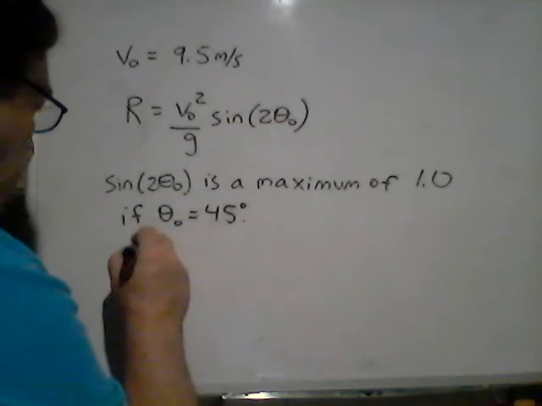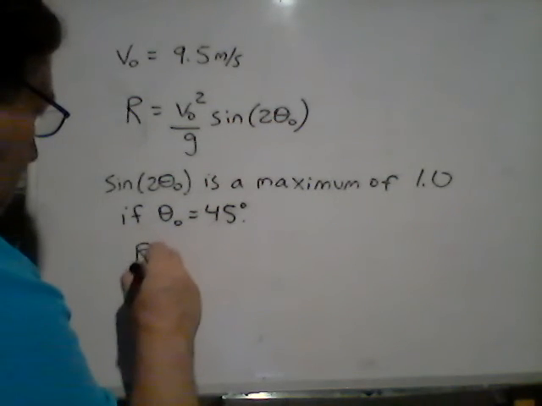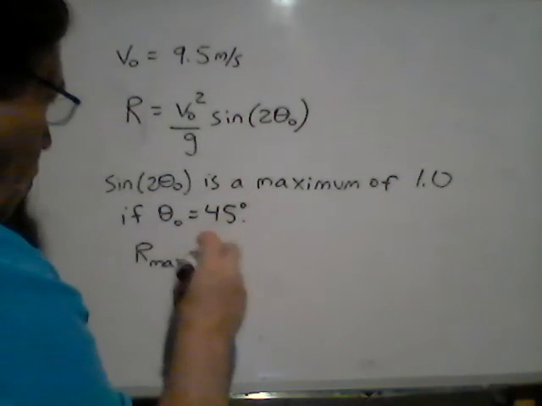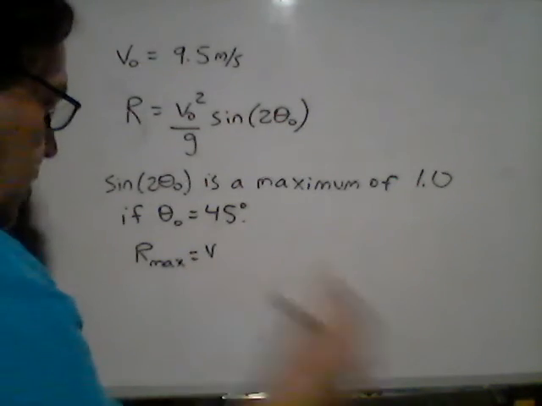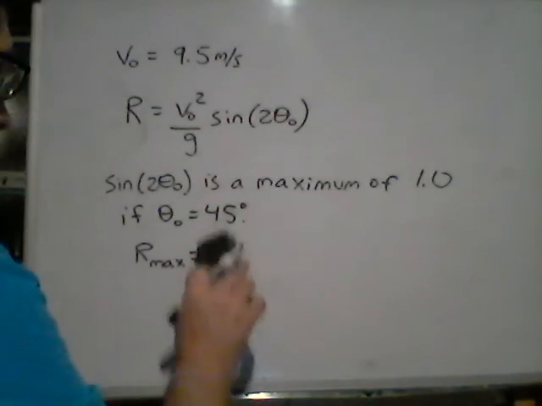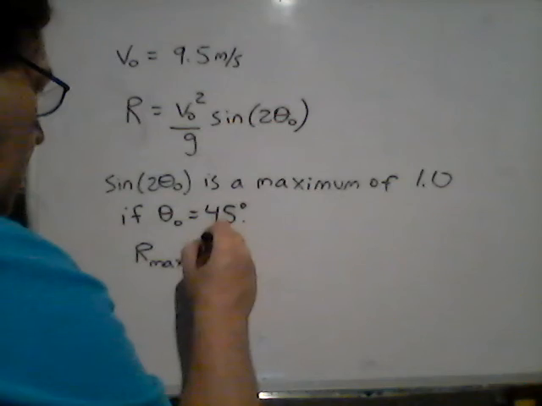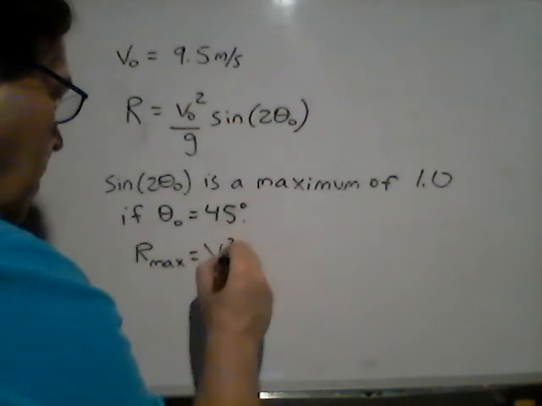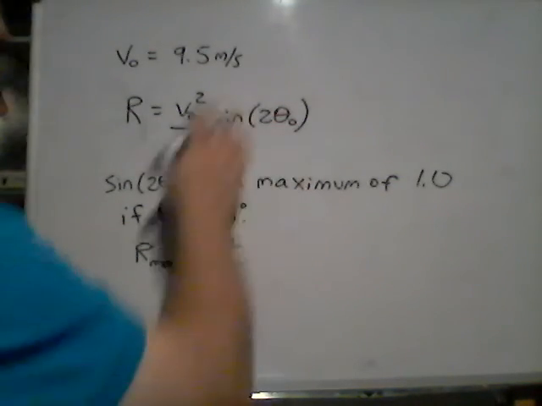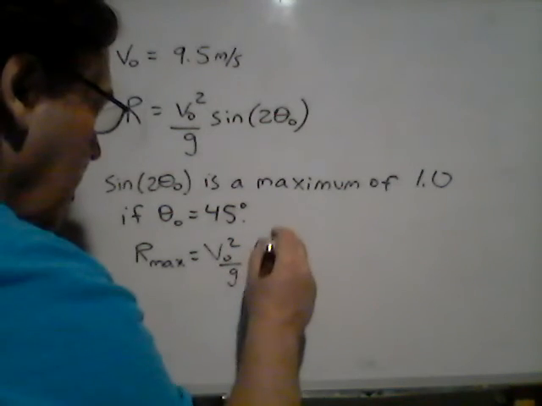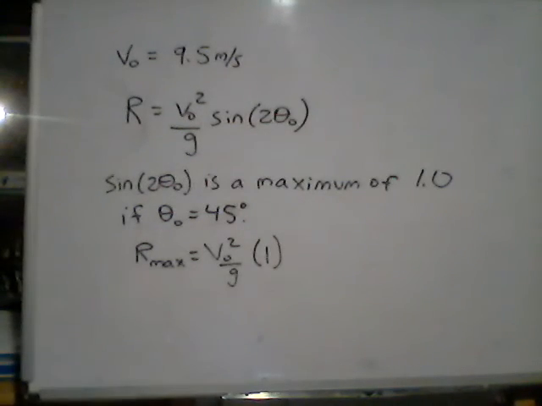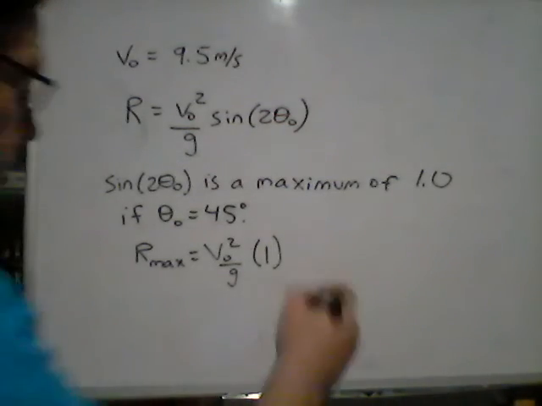So we would find out that R max would be V naught squared over G times basically 1. I mean, the sine function would be maximized at 1 at 45 degrees.